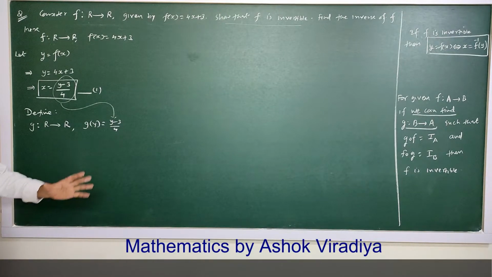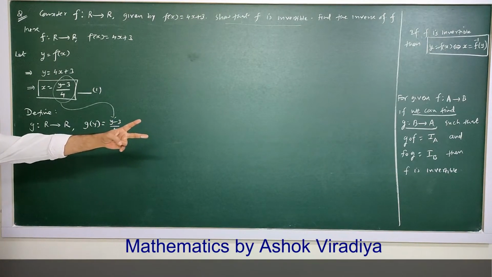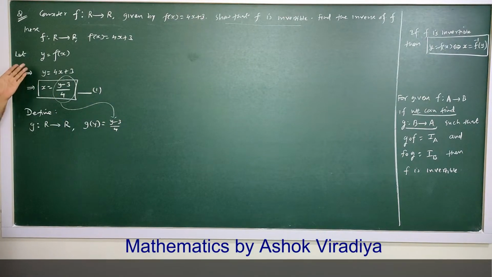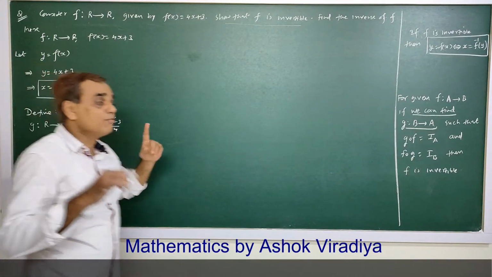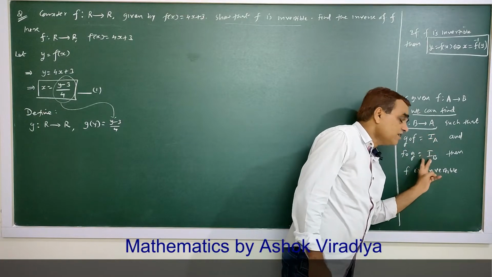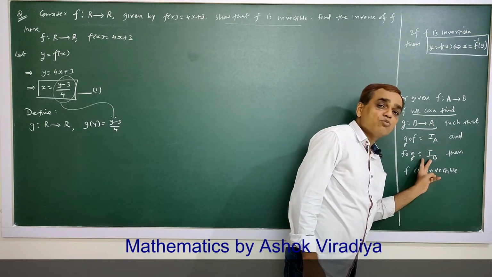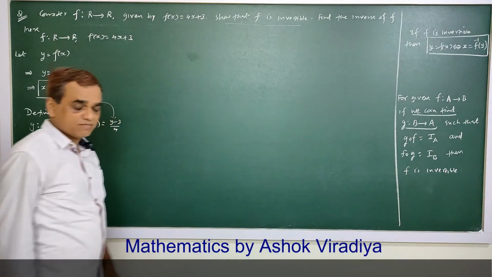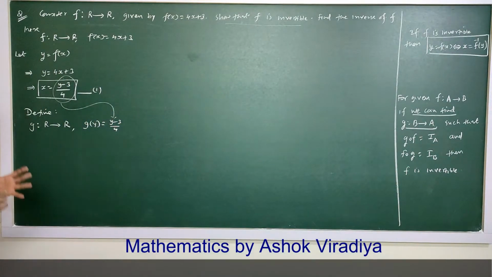but we need to check both conditions, that is the composition of g and f. This is g, this is f. So we want to check the composition of g and f. Are these compositions the identity function? So let me check the composition.